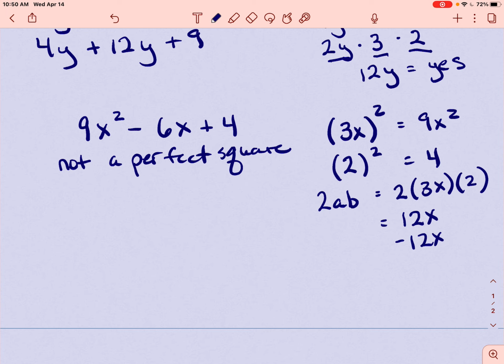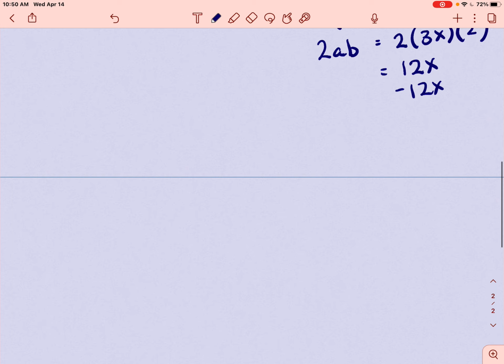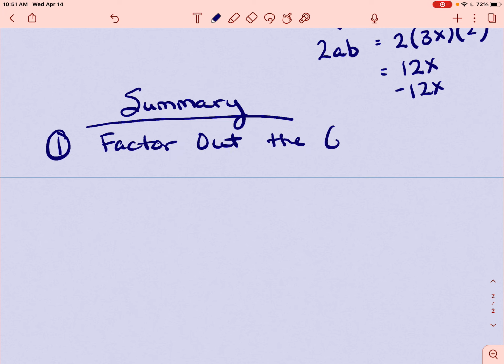All right. So here is a little summary of factoring methods. This is pretty important. Step 1, factor out the greatest common factor. Any common factors, they need to come out.